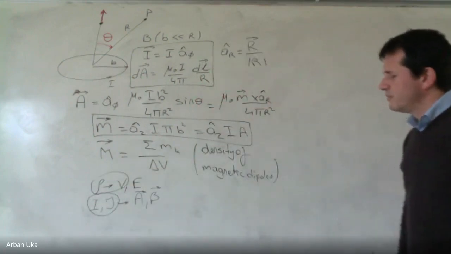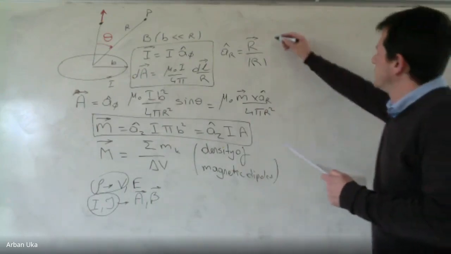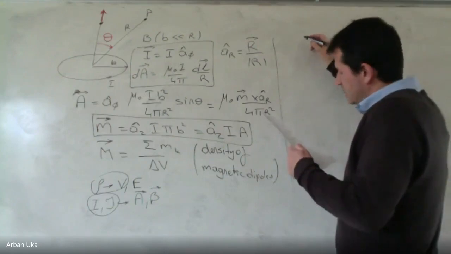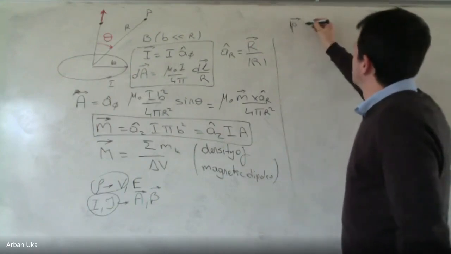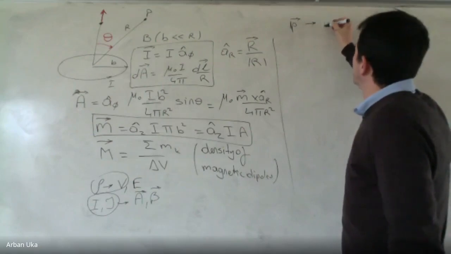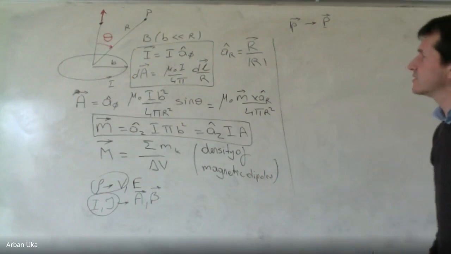Now, we mentioned these because if you remember, in electrostatics, we had a dipole moment P, and this dipole moment helped us to define a new vector, which is the polarization vector.